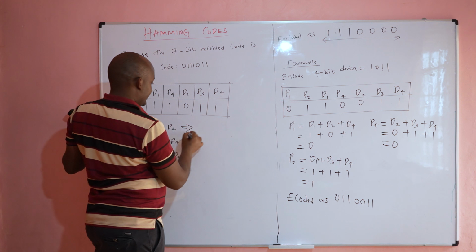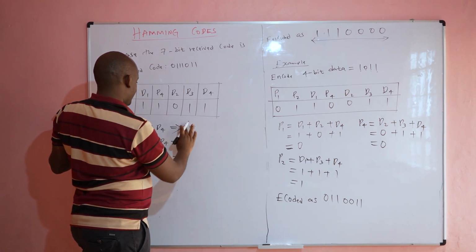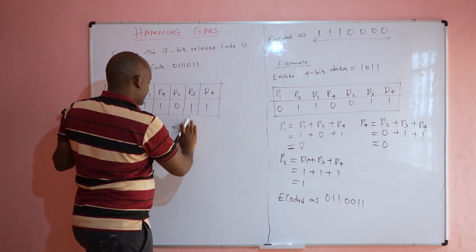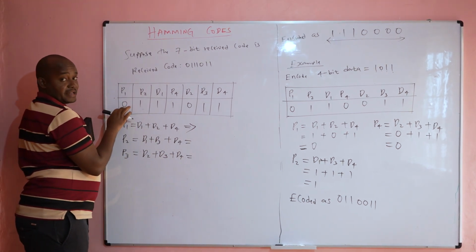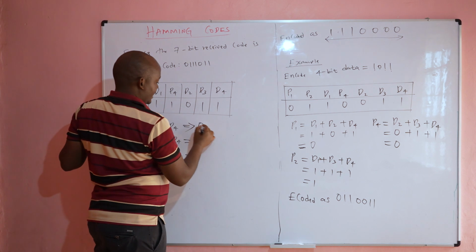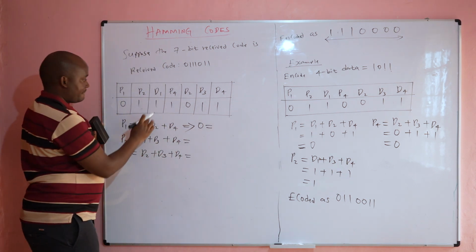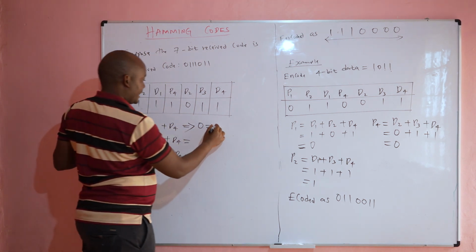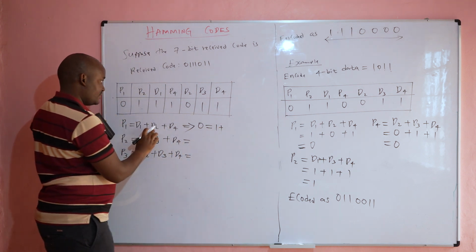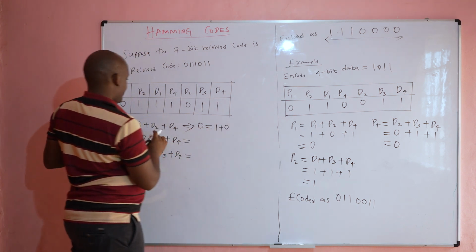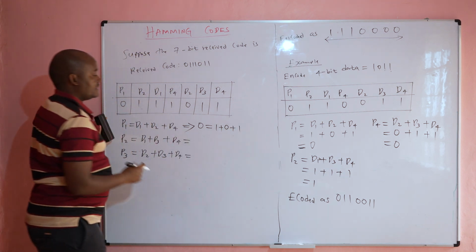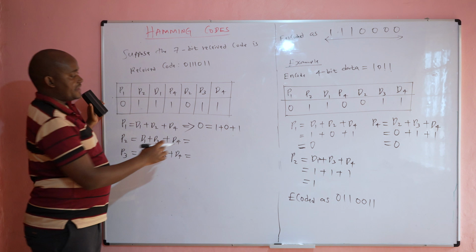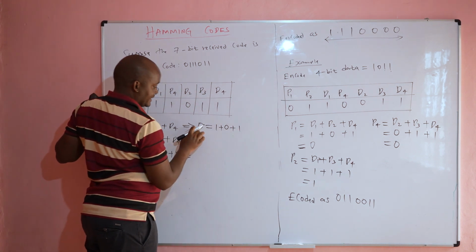So the implication here is, you take now your P1, and our P1 in this case is 0. And this 0 should be given by our D1, which is 1, plus our D2, which is 0, plus our D4, which is 1. So when you add these up, they should give us 0.